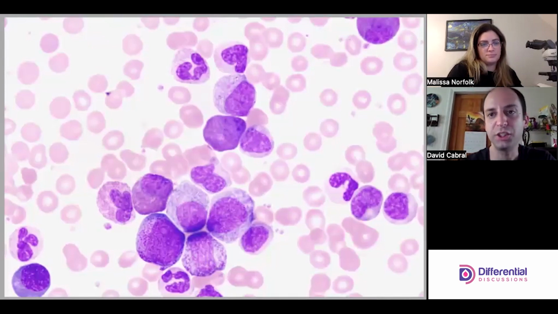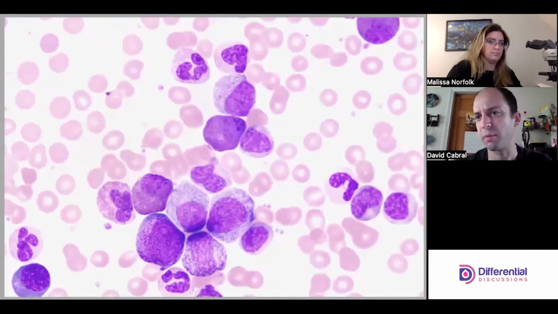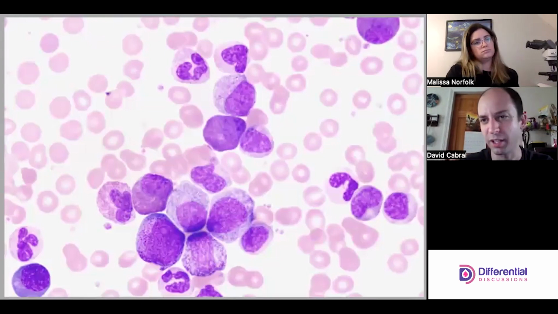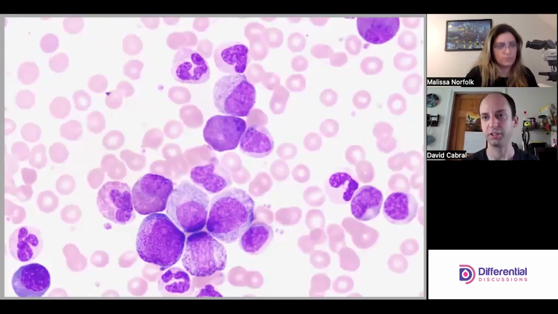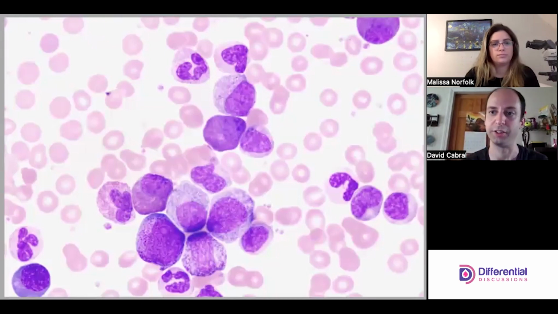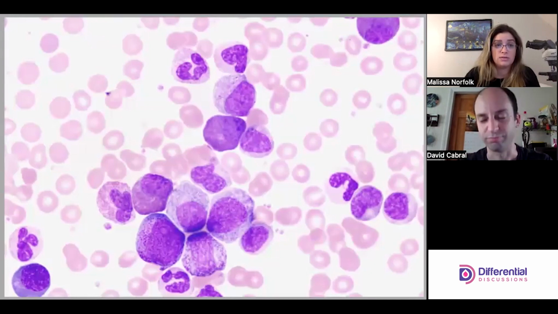But generally speaking, when this presents, they still have fairly normal platelet counts. There might be a mild anemia, but as opposed to the acute leukemias, where you have these dramatic presentations with cell lines heavily disrupted, it's not necessarily the case with this. Some patients with CML also present with slight thrombocytosis in the beginning.